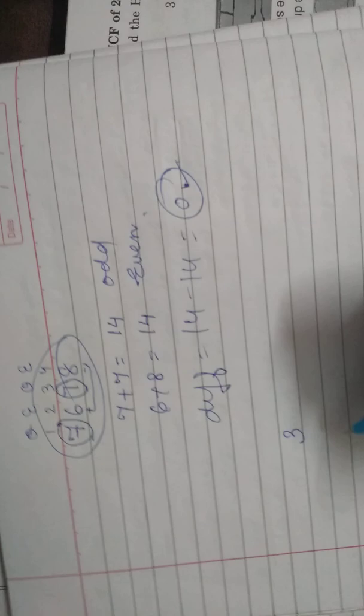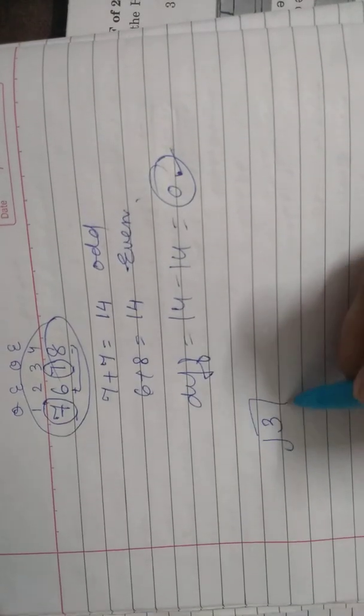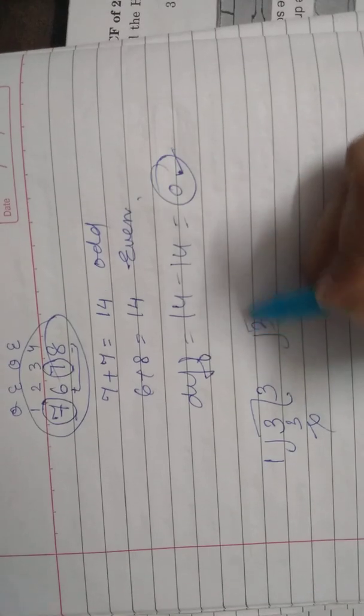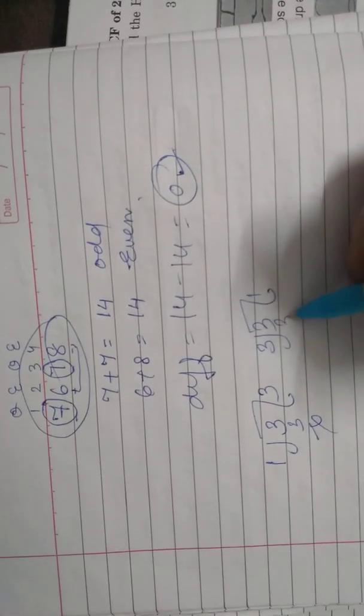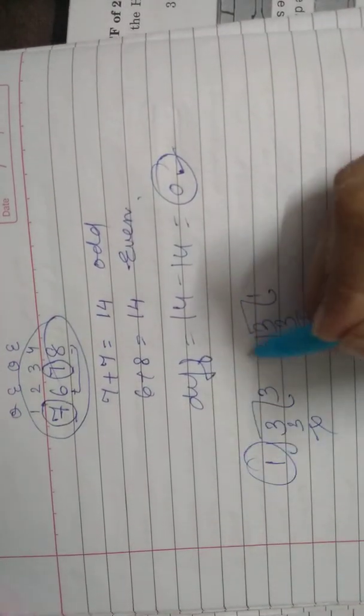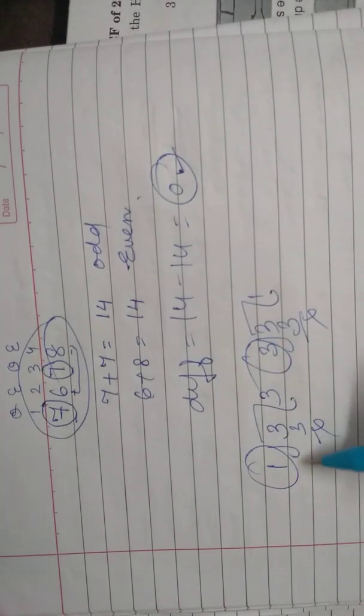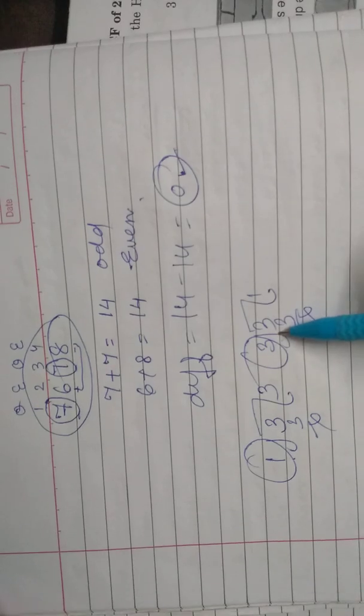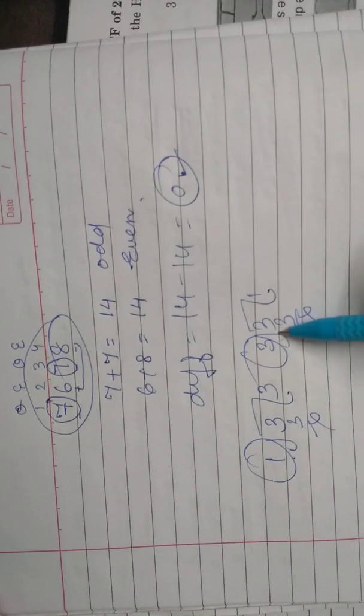So 3 is divisible by only 1 or the number itself. So the factors of 3 are 1 and the number itself. Only two factors are there. So 3 is a prime number.